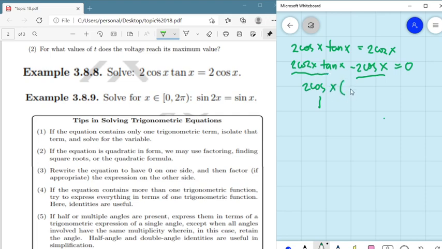Dividing this one with a common factor, it becomes tangent x minus 1 and 2 cosine x equals 0.